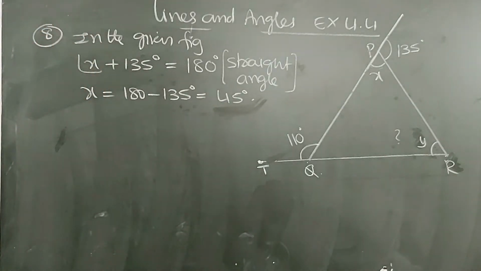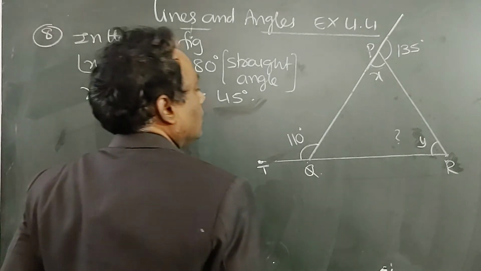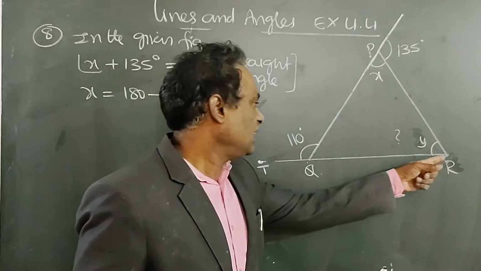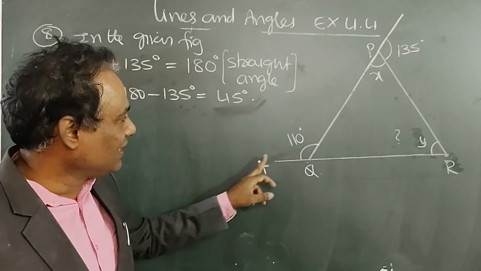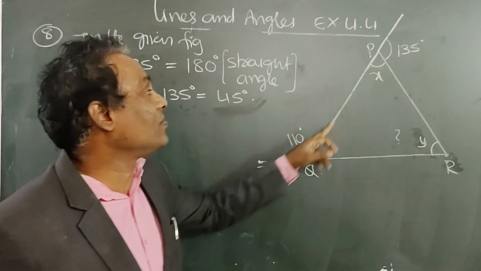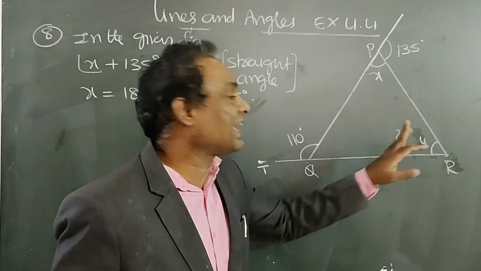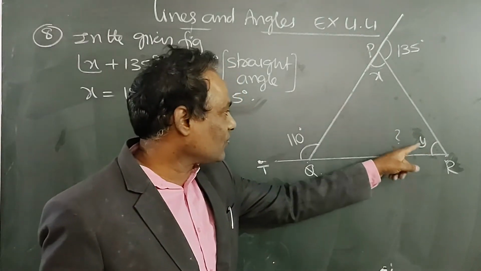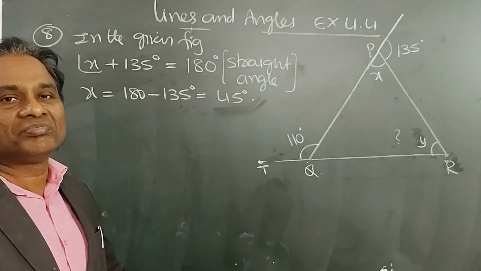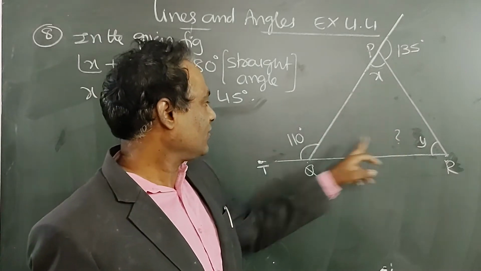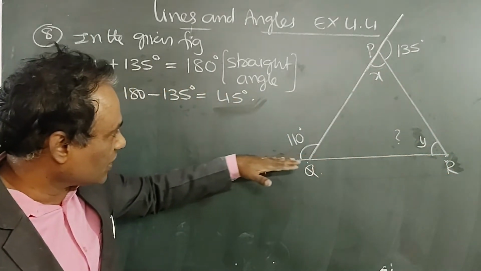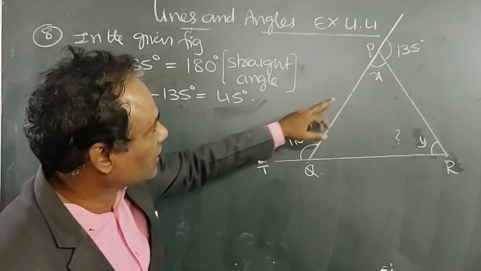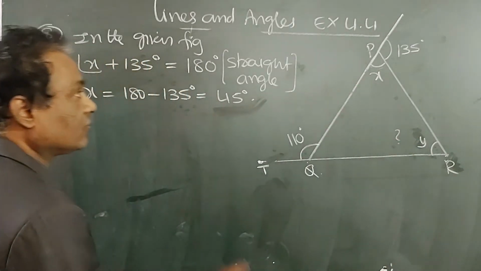Next. The side RQ is produced. The exterior angle so formed is equal to the sum of two interior angles. X plus y is equal to 110. In a triangle, if one side is produced, the exterior angle is equal to the sum of two interior angles.